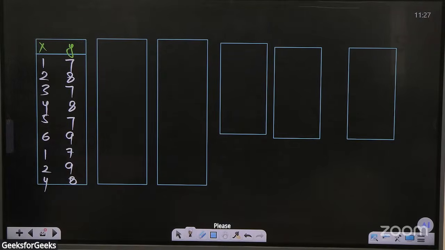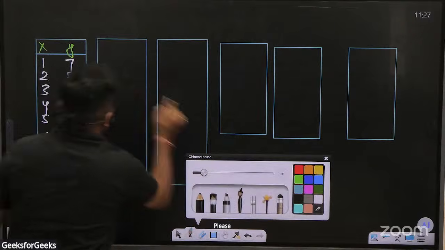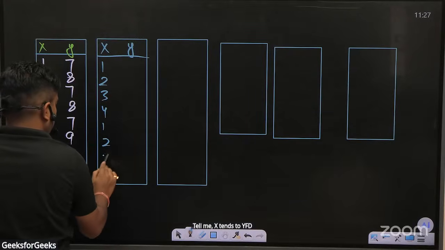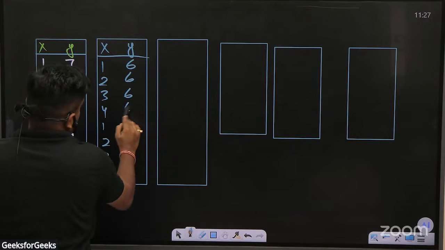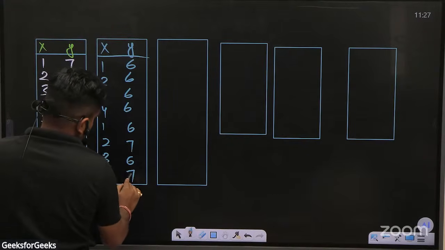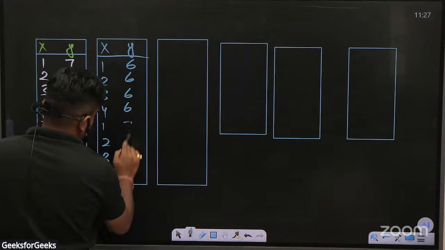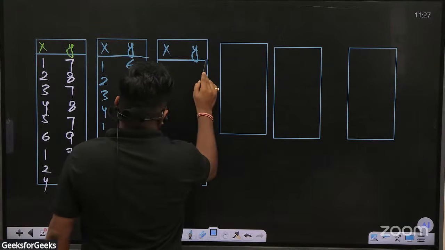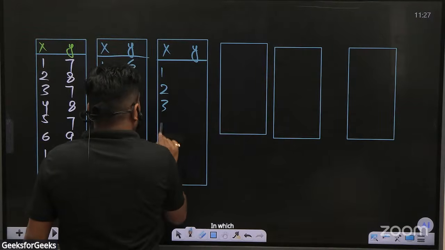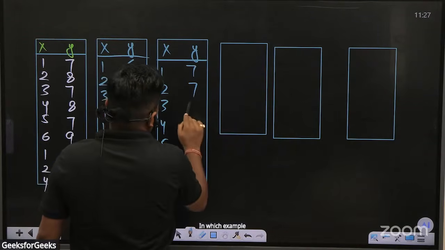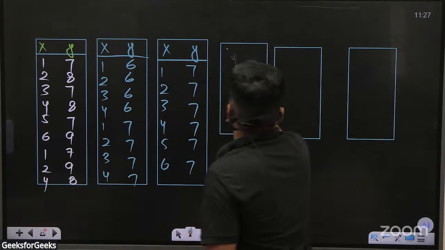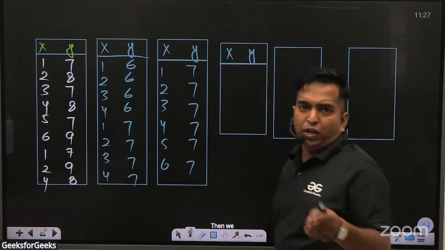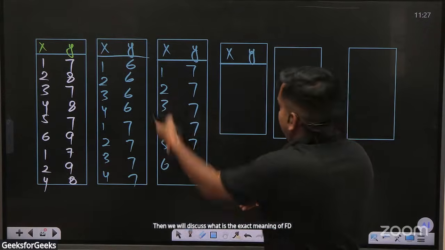Please tell me, X tends to Y FD. In which example is X tends to Y FD satisfied? Then we will discuss what the exact meaning of FD is. Please.